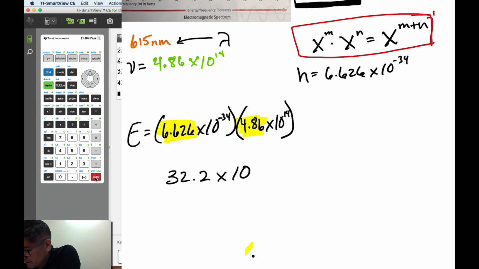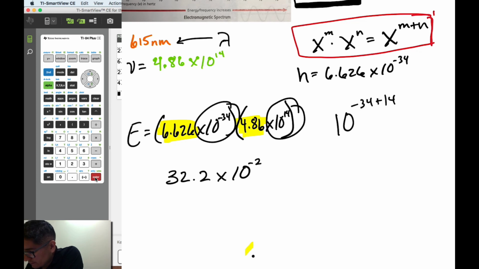And then here I have my exponent term, so that's 10 to the negative 34 plus 14, that's 10 to the negative 20, right?